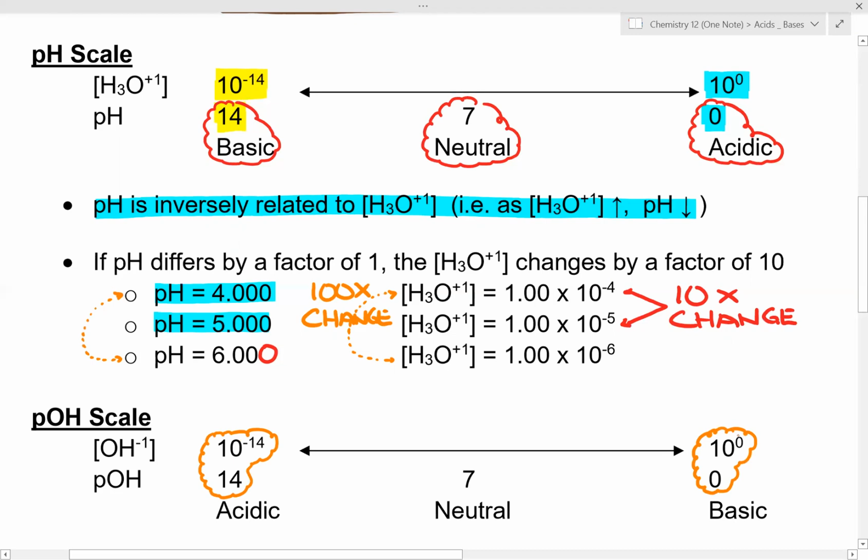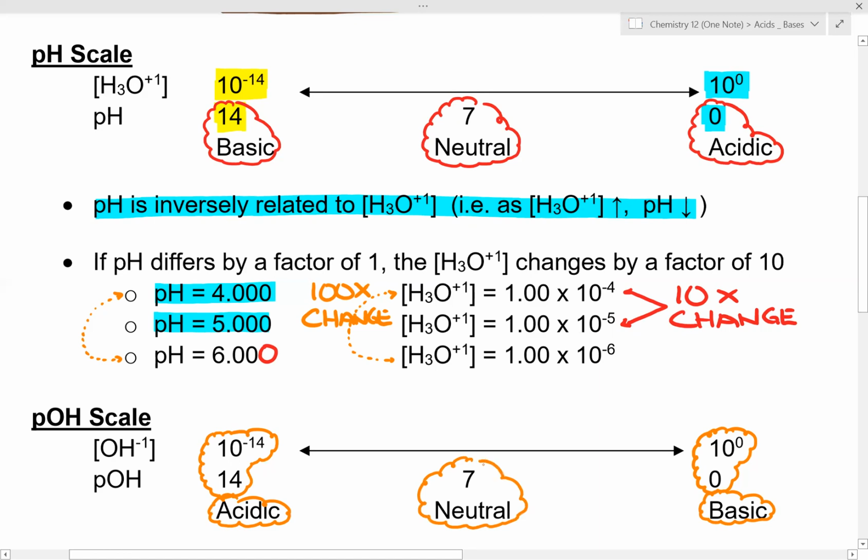Notice the similarity between the pH and the pOH scale. And notice as the solution has a higher concentration of OH minus 1, the pOH value goes down, it becomes more basic. As the OH concentration decreases, it becomes more acidic. And again, a pOH of 7 is neutral.